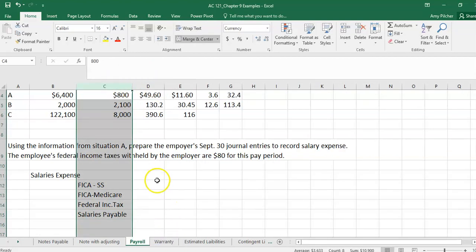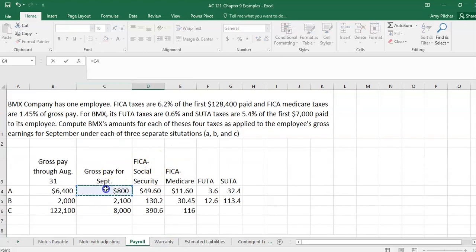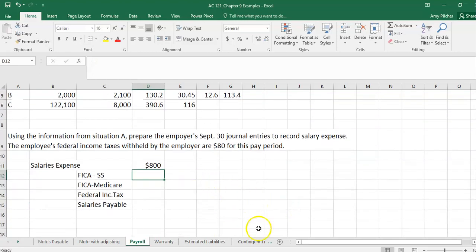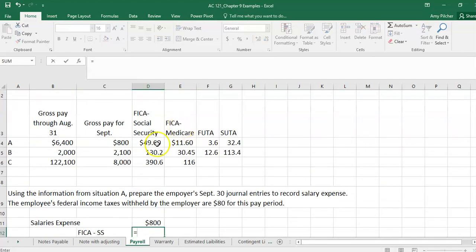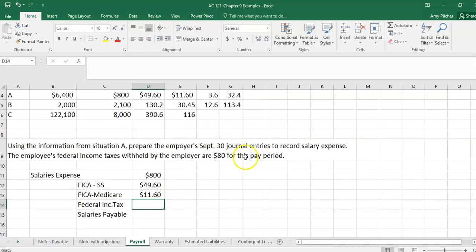Our salaries expense is the amount of our gross pay. So our gross pay is $800. We've already calculated what our FICA Social Security amount and our FICA Medicare amount are. It tells us that our federal income tax withholding is $80.